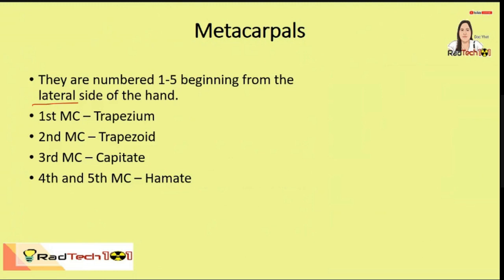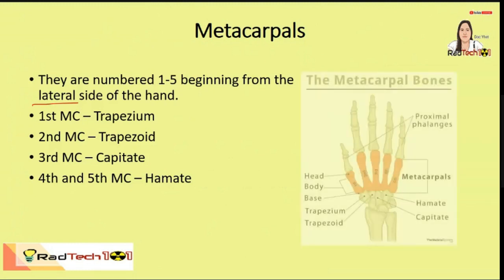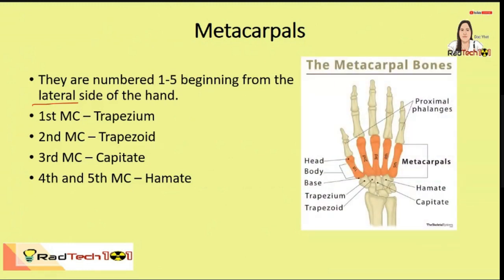So trapezium, trapezoid, capitate, and hamate are the distal portion of your carpal bones. So ito, these are the distal portion of your carpal bones.